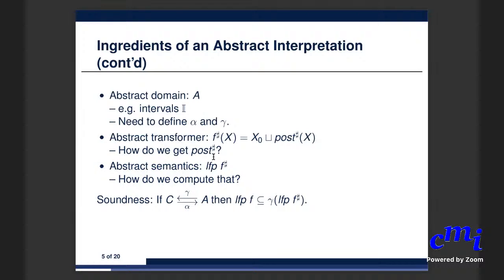Any questions? So why can't post hash be just alpha of post? Yeah, that's because what is hidden in post is the T, the transition relation.